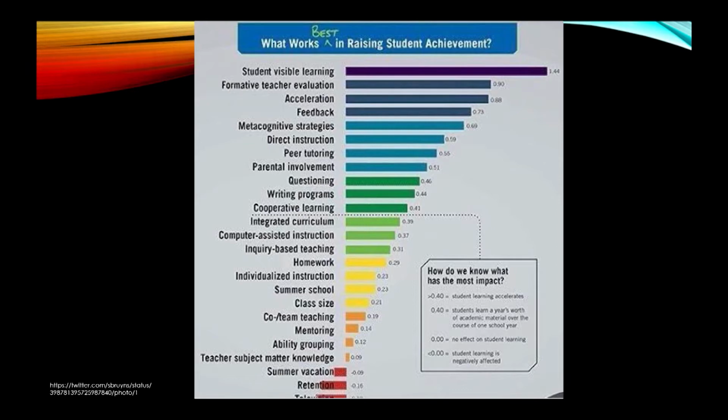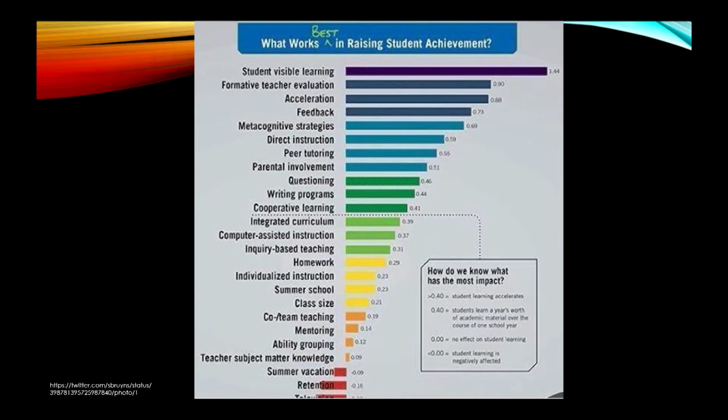This is at a 0.41 and a 0.39 for the effect. So cooperative learning is still positive, and integrated curriculum, not so much. And then you start getting into the negatives down here at summer vacation, retention, and then it just got cut off because all the rest are very negative. That they actually have an opposite impact on a student's learning.